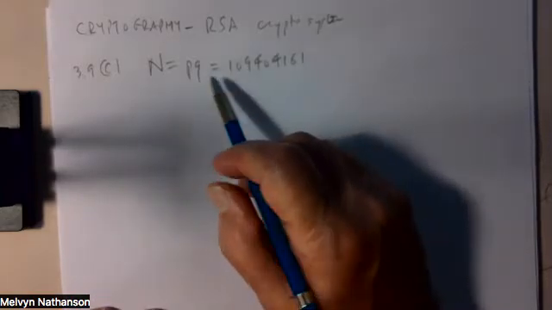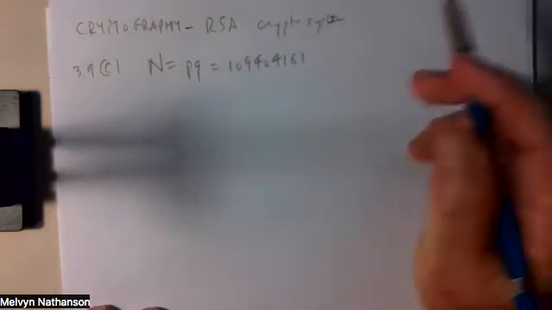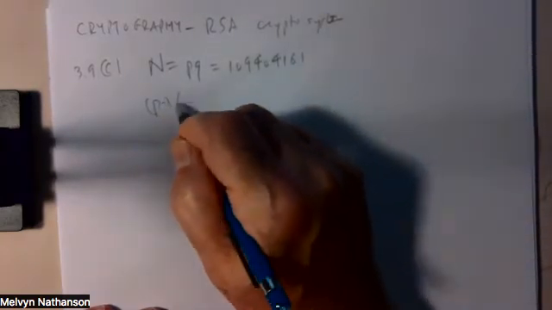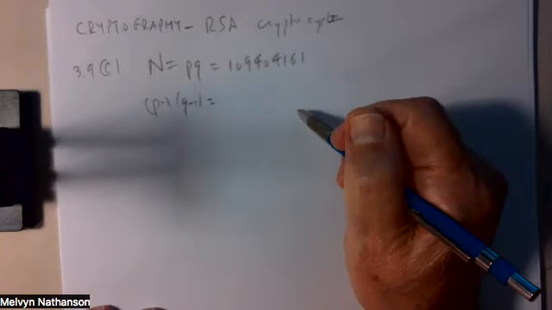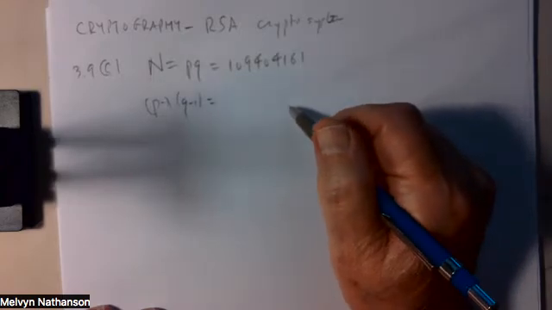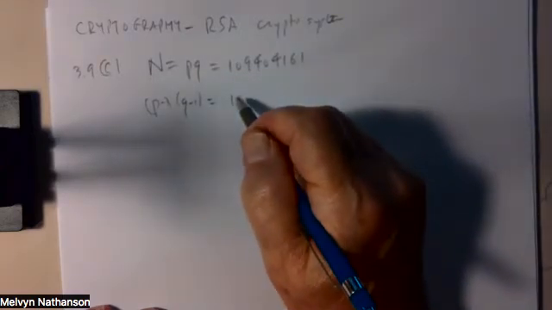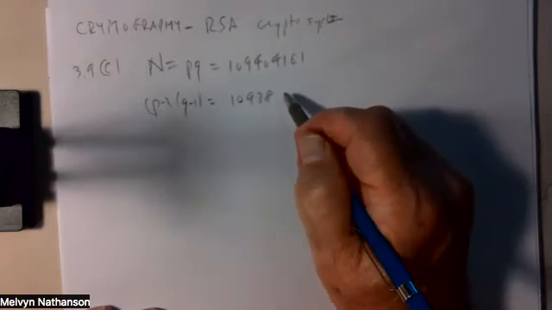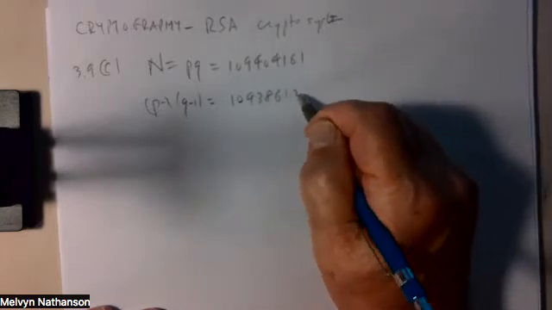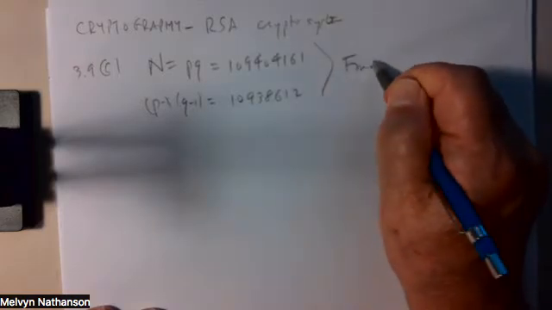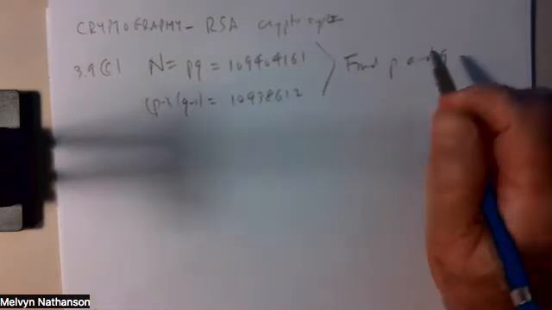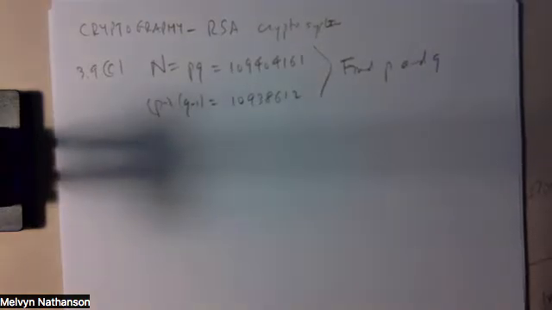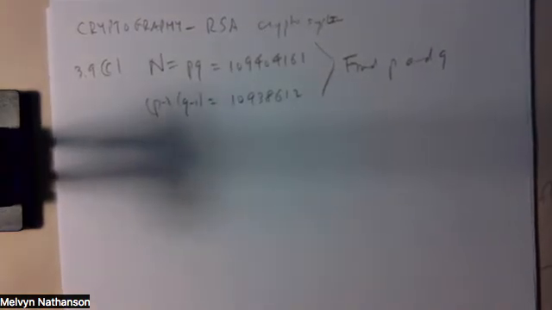We don't know what p and q are, we just know their product. But we also know that if you multiply p minus 1 and q minus 1 together, you get 10,938,612. The problem is to find p and q, and they want us to use the method that is in remark 11.